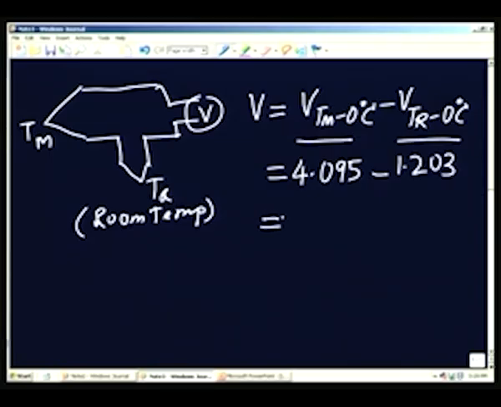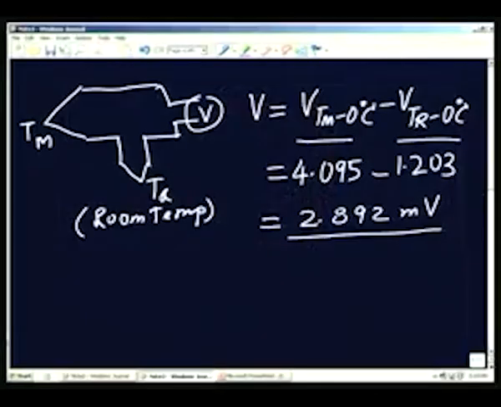So, the difference between these two will be 2.892 millivolts. That means, if we do not have the reference at the ice point, but the reference is maintained at the room temperature, the output of the circuit is actually less than in the case where the reference is at the ice point.